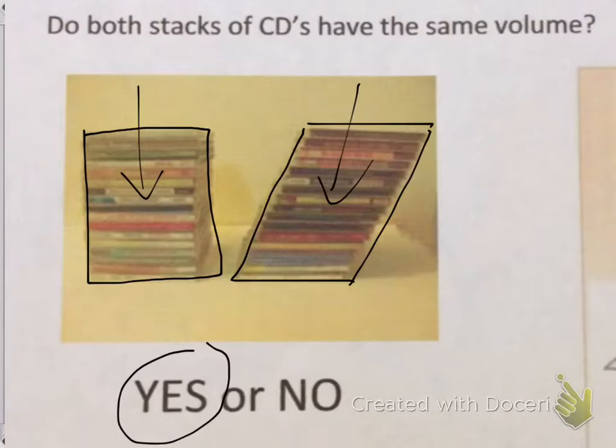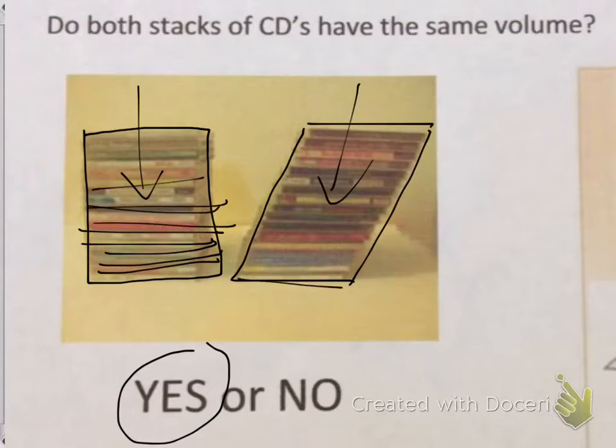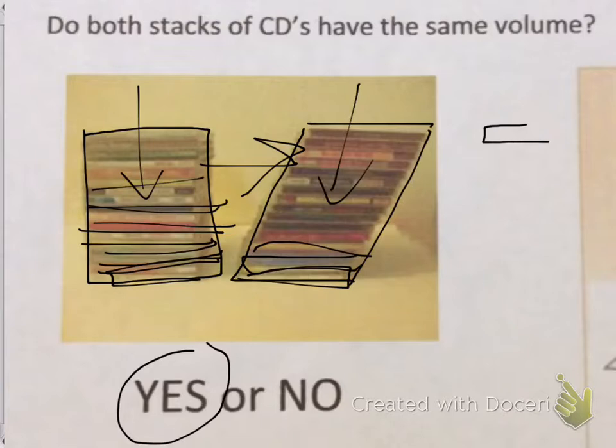It says that if you have the same area stacked on top of itself, which these CDs all have the same area, and they're stacked on top of themselves, it doesn't matter if you just push it to the side or move them back and forth. So one's like this, and one's like this, and one's like this. You could totally move them anywhere.